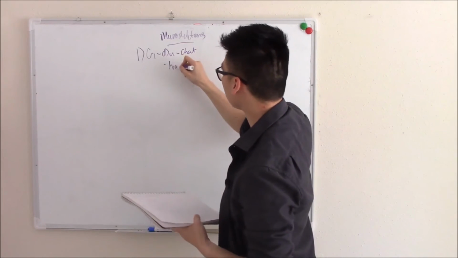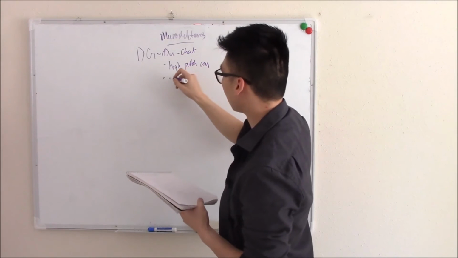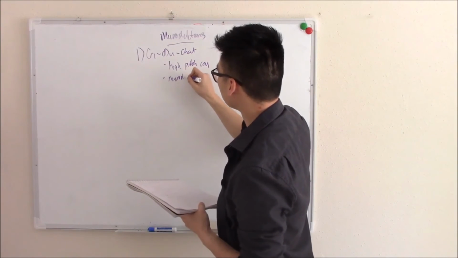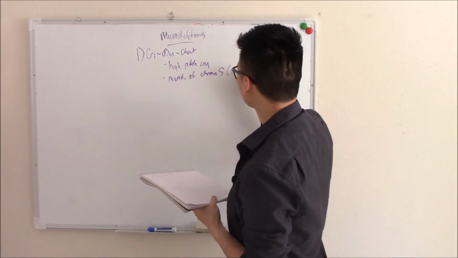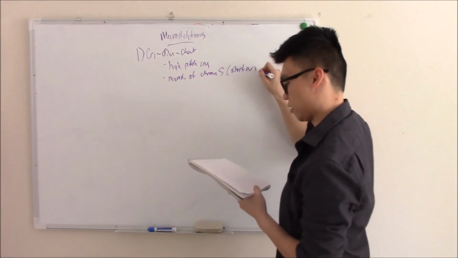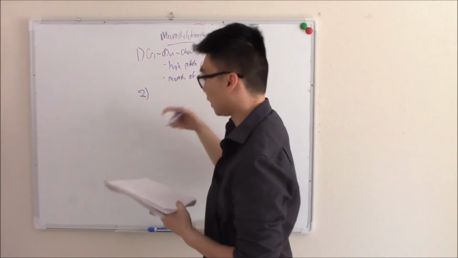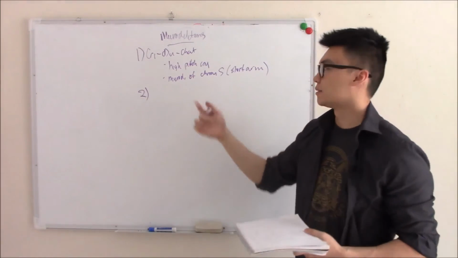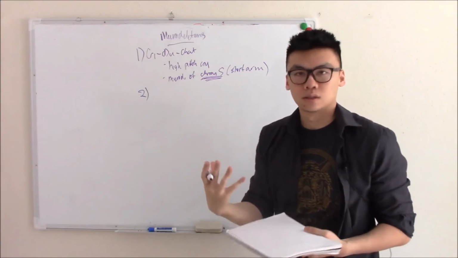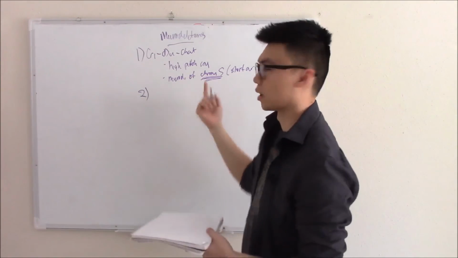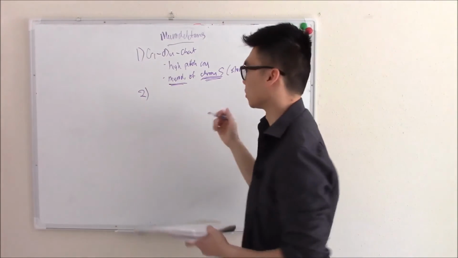So high-pitched cry. And you need to know it's due to a microdeletion of chromosome 5, in particular the short arm. That's all I want to talk about on that one. Very easy to identify, so they might ask instead some genetic questions, what chromosomes it's located on, etc. Or what the problem is, a microdeletion of the chromosome.